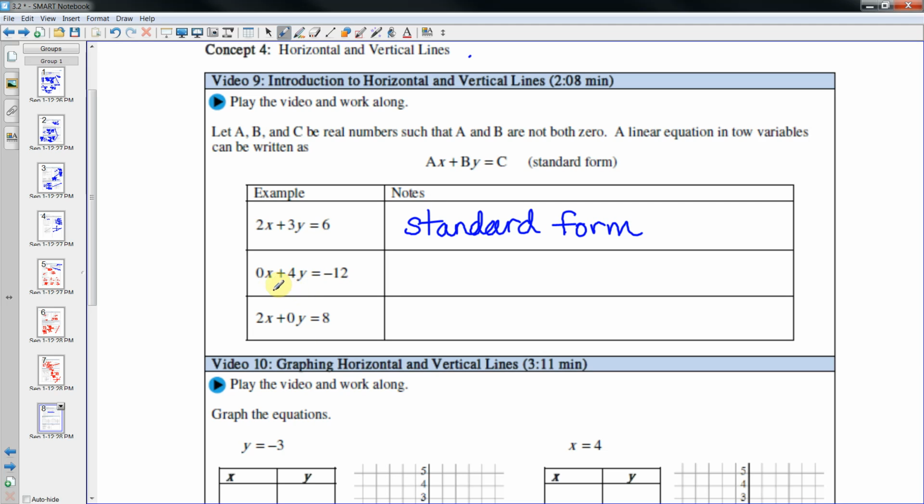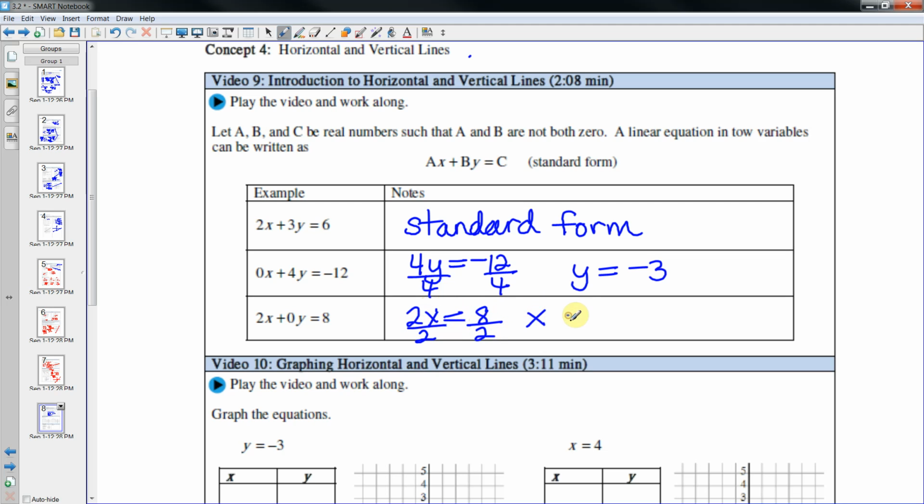Let's work this one out. If I have a 0 for x, then I've got 4y equals -12. Divide both sides by 4. So y equals -3. If I have a 0 for y, then I would have 2x equals 8, divided by 2.